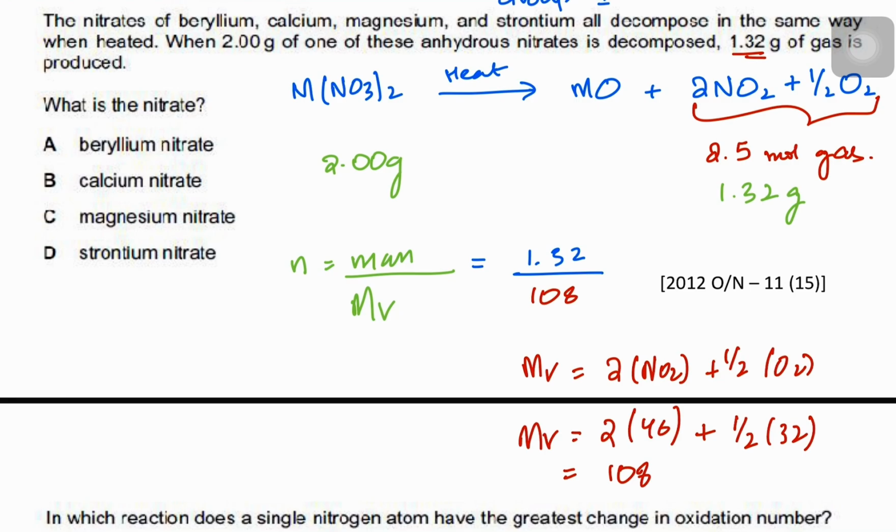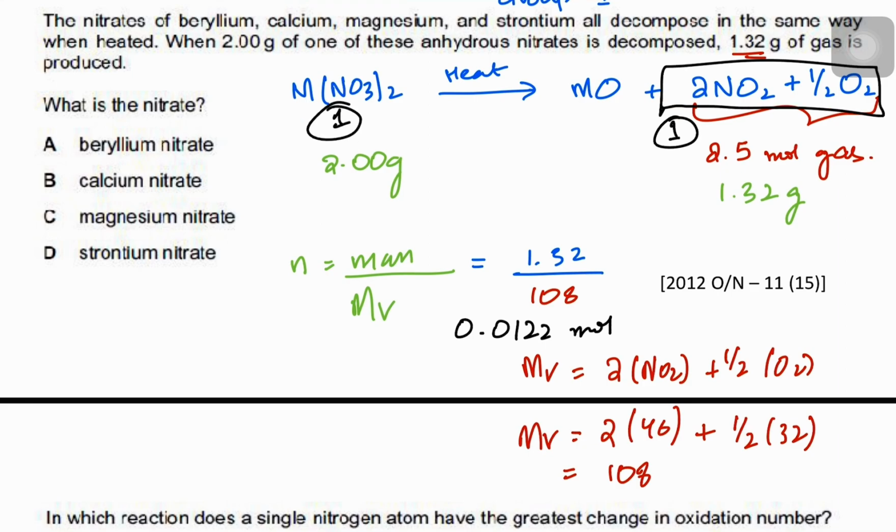So even my mole ratio is applied here. So 1.32 divided by 108. That means 0.0122 mole gases. This entire thing is considered as 1. And this has a 1:1 mole ratio with my metal nitrate. So mole of metal nitrate is also 0.0122.